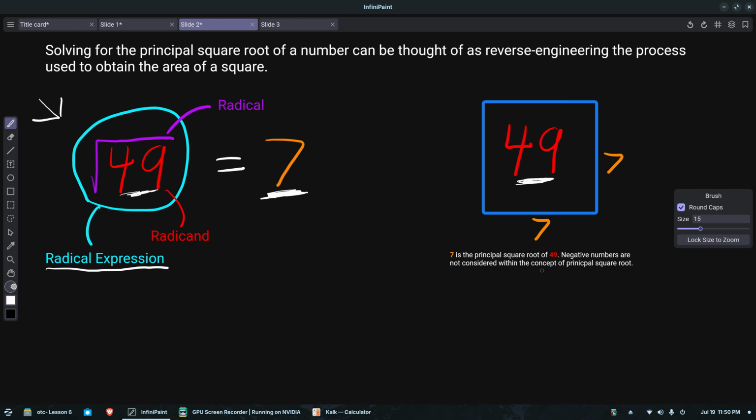The number that was multiplied by itself was 7, because you can see here that this square has a length and width of 7. So 7 is the number that can be multiplied by itself to create the radicand within this radical expression. Now, hopefully that helped you understand the concept of what a square root is.